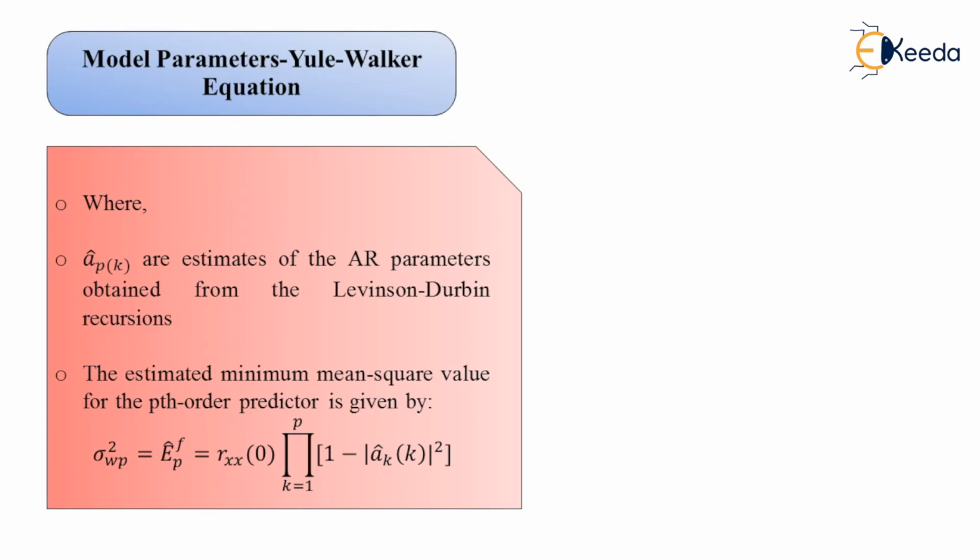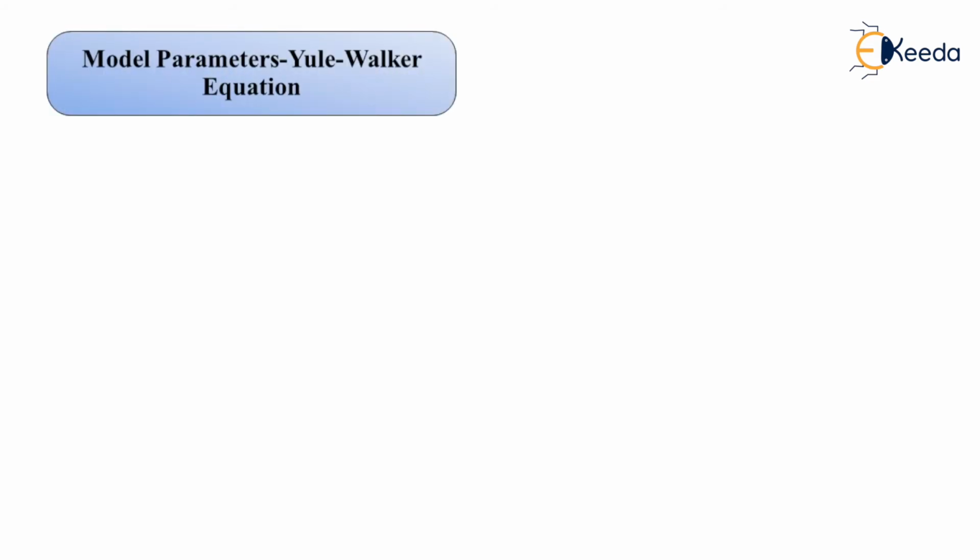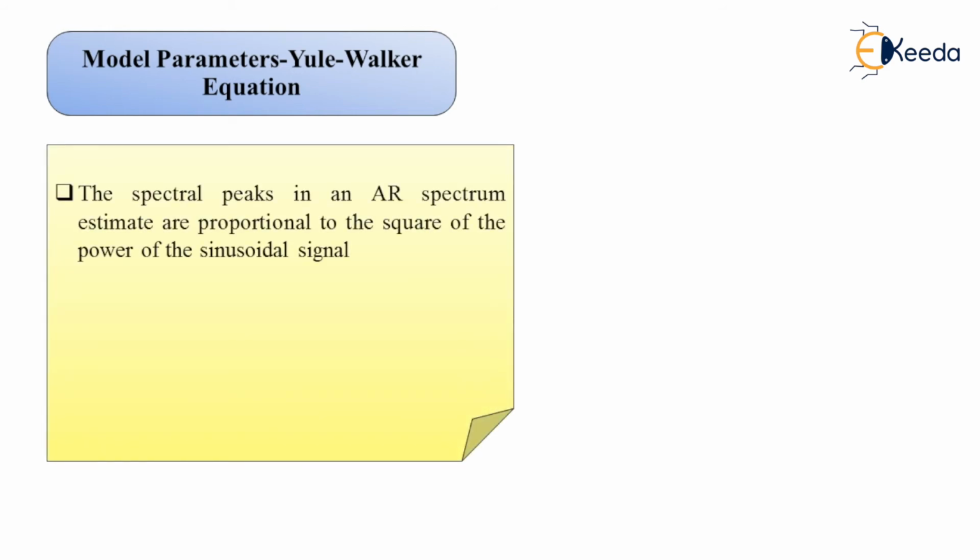Here we can have an example that better illustrates the frequency resolution capabilities of this estimator. While estimating the power spectrum of sinusoidal signals via the current AR model, the spectral peaks in the AR spectrum estimate are proportional to the square of the power of the sinusoidal signal, whereas the area under the peak in the power density spectrum is linearly proportional to the power of the sinusoid.